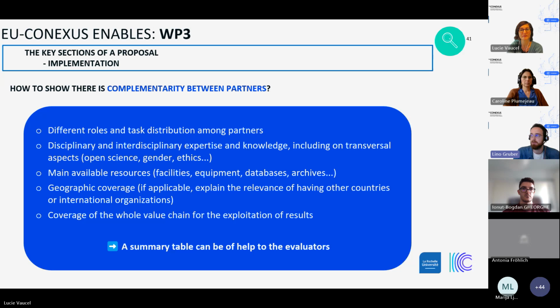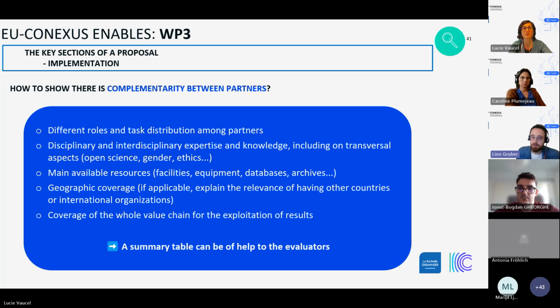Sometimes you've got some experts in those aspects, which is always a good point. The access to facilities, equipment, the databases is also important. So you need to explain, for instance, that this particular partner has this particular equipment that's really important for the project, and that you will rely on it during project implementation.